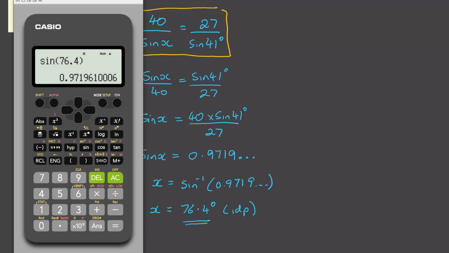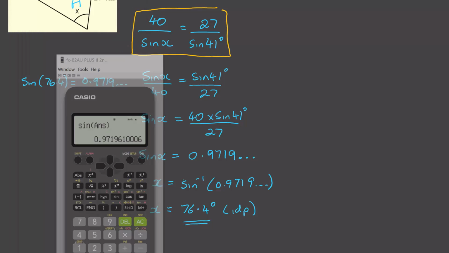If I do 180 take away 76.4, which is 103.6, and I do the sine of that angle, it's the same result.